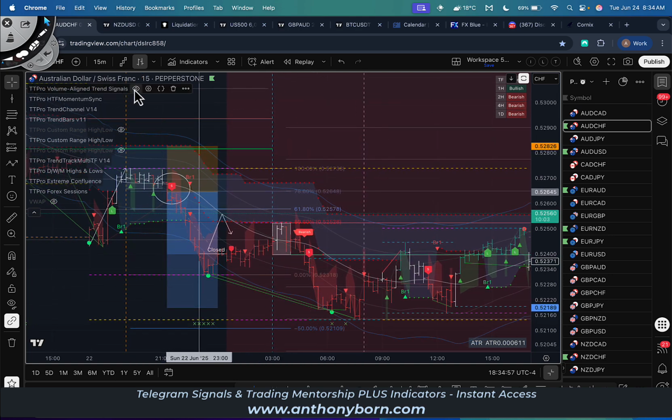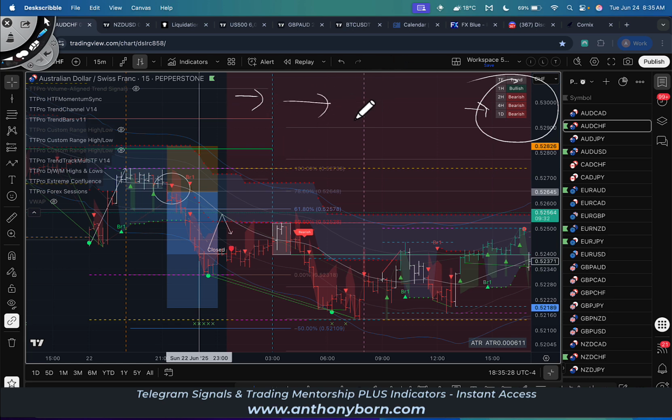We've got 2 indicators that give us signals that indicate that buyers or sellers are dominating. Right. The first one is this one here. So I'm going to take this trade based on this being bearish across the board, so higher time frame. Mind you, this red zone kicked in here. That was a strong signal telling us that multiple time frames were bearish.